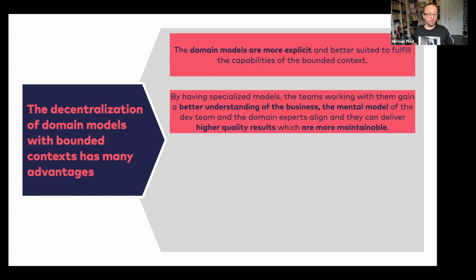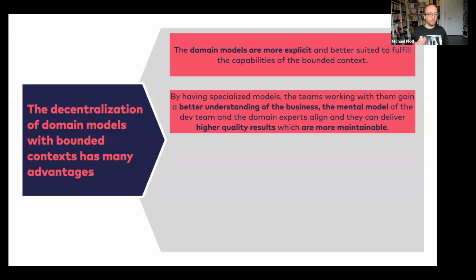With that, the teams will sooner or later get a better understanding. And I sometimes talk about the mental model. So that's the thinking about a certain problem. It will align between the business folks and the developers.